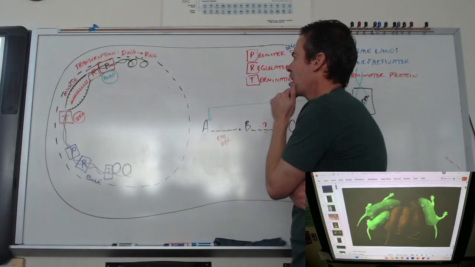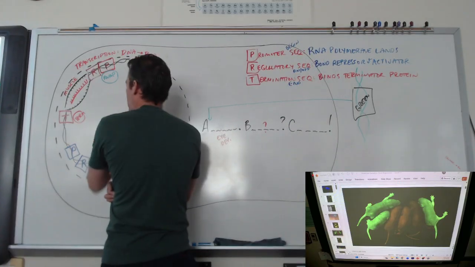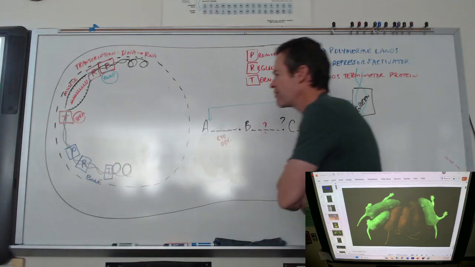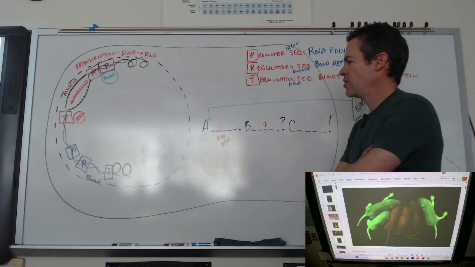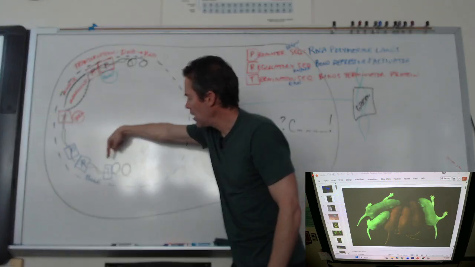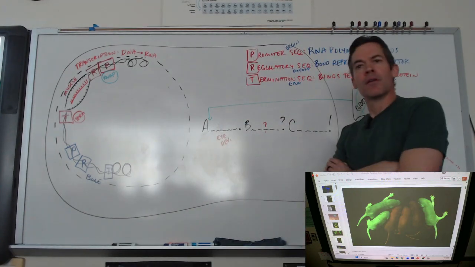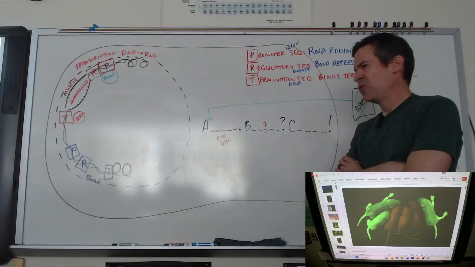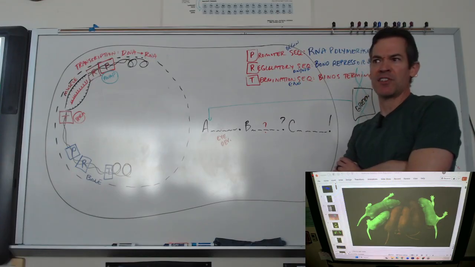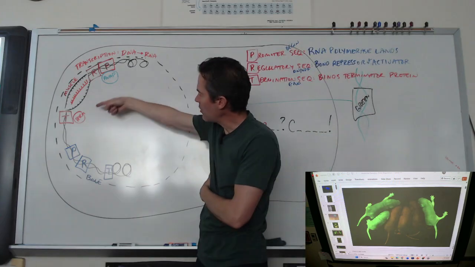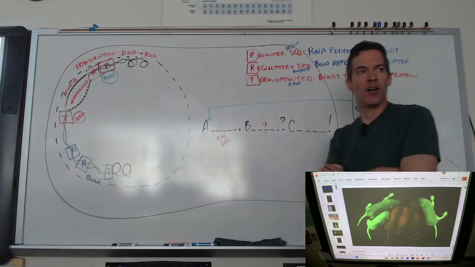Okay, so I need to turn this gene on, and I need to turn this gene off. How do I turn that blue gene off? I don't want to grow bone in this cell. I don't want any skeletal system in there. How could I turn it off? This one's on. I'm reading it right now.